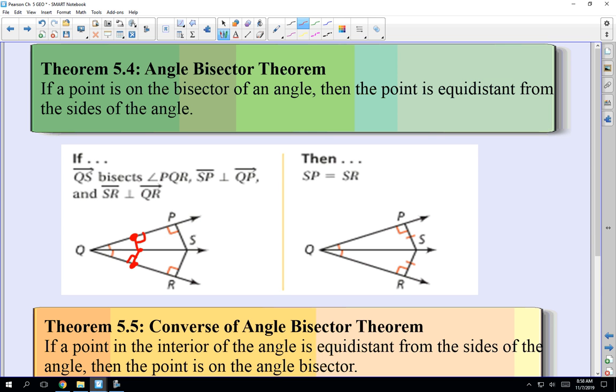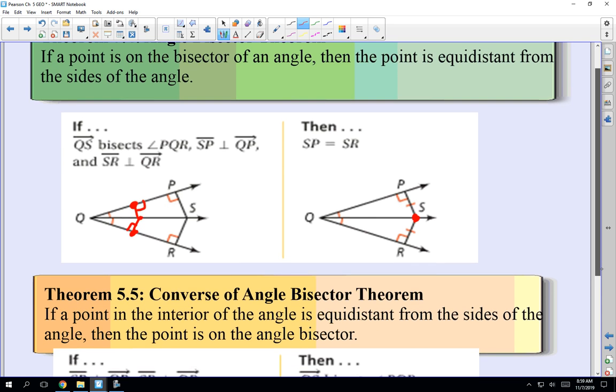QS is the angle bisector. So as you go along that angle bisector, there's a whole set of points that would match up with each other, being the same distance from that angle bisector to that ray. And then if a point in the interior of the angle is equidistant from the sides, that's talking about this point here, of the angle, then the point is on the angle bisector.